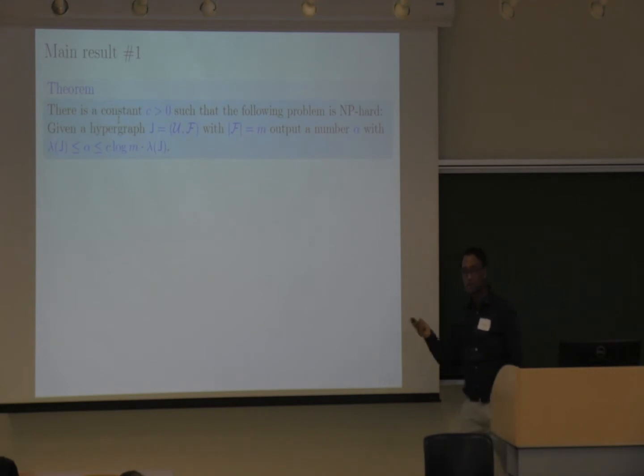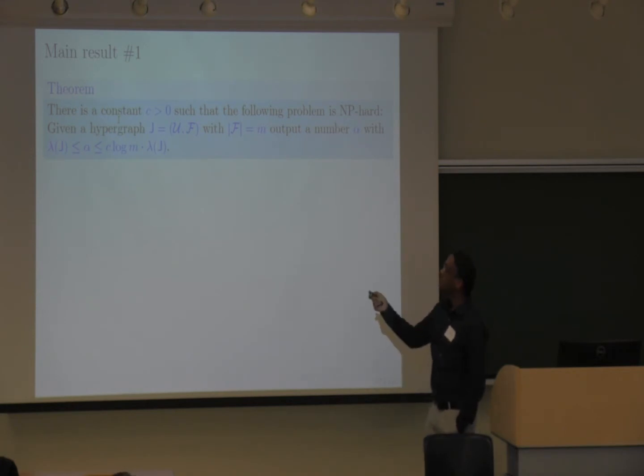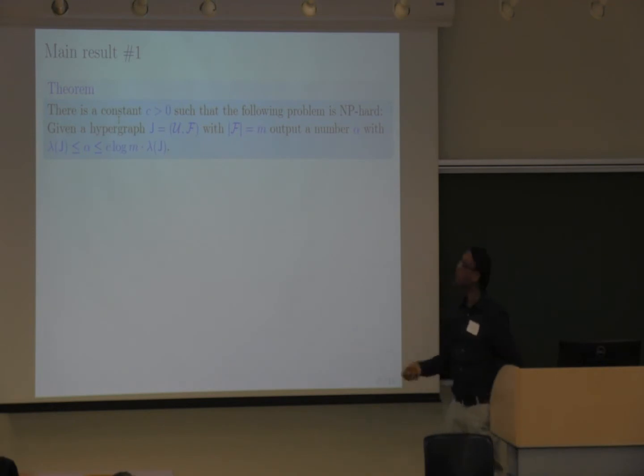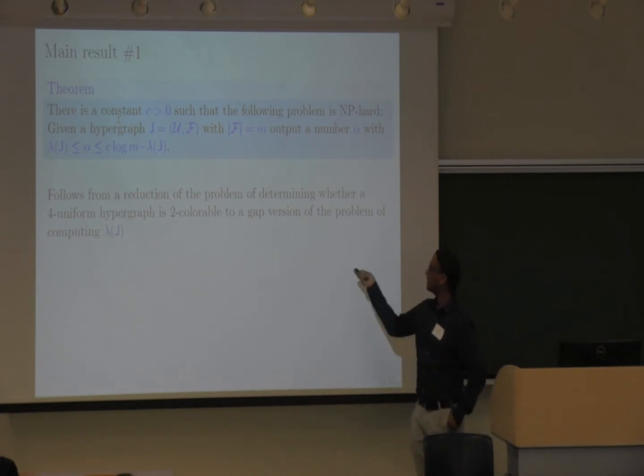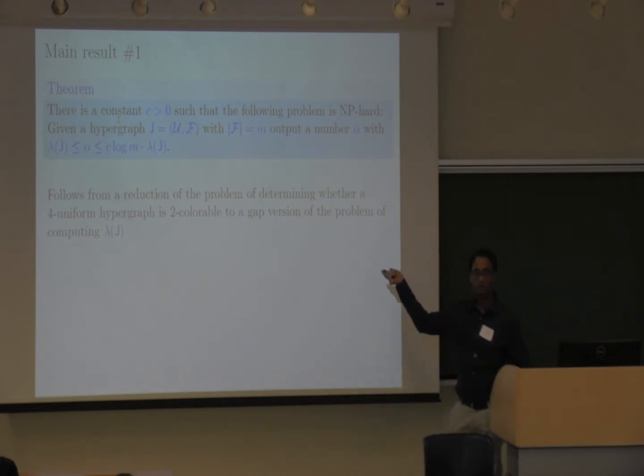So here's result number 1 of this paper: it is indeed hard to approximate this even to within the logarithm of the number of edges. There is some constant c bigger than 0, such that if I ask you to output a number alpha that lies within lambda edge or c log n times lambda edge, this problem is NP hard. This follows from a reduction of determining whether a 4 uniform hypergraph is 2 colorable to a gap version of our problem.